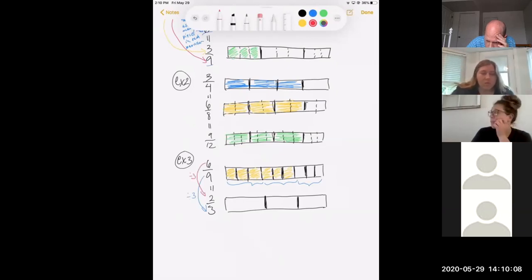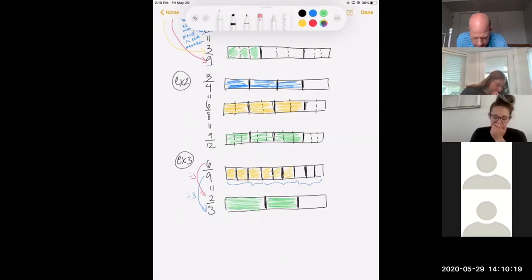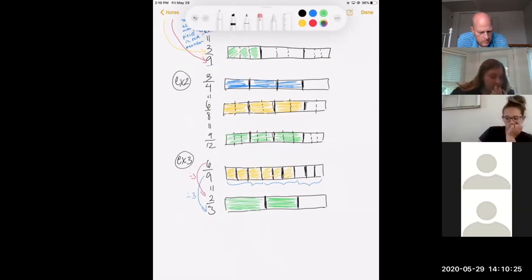And then we can redo our shading to show that. So the parts that I was looking for, or the numerator, in the first fraction is 6 pieces. The second one, all those 2 sets of 3 became 2 pieces now. Any questions so far?